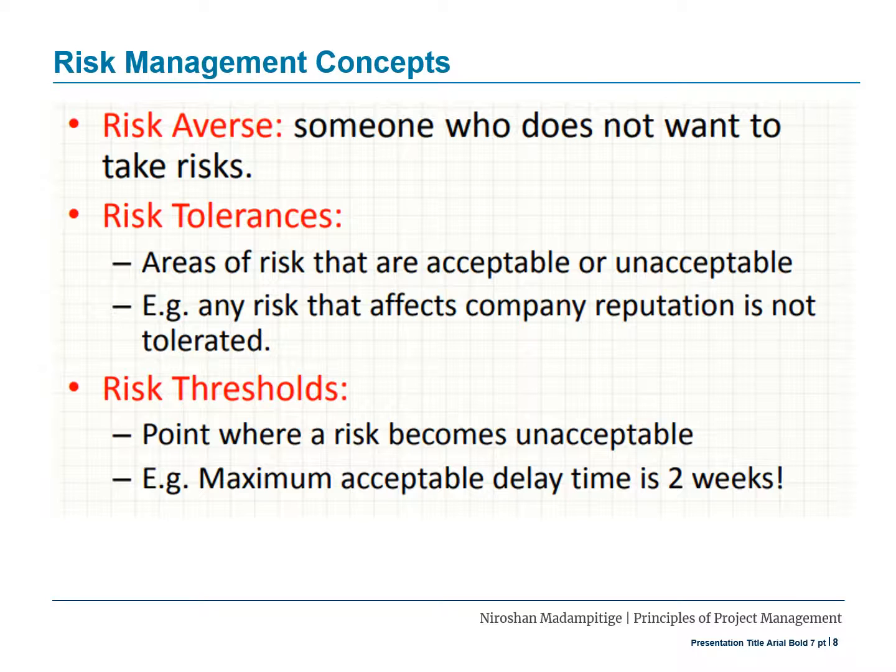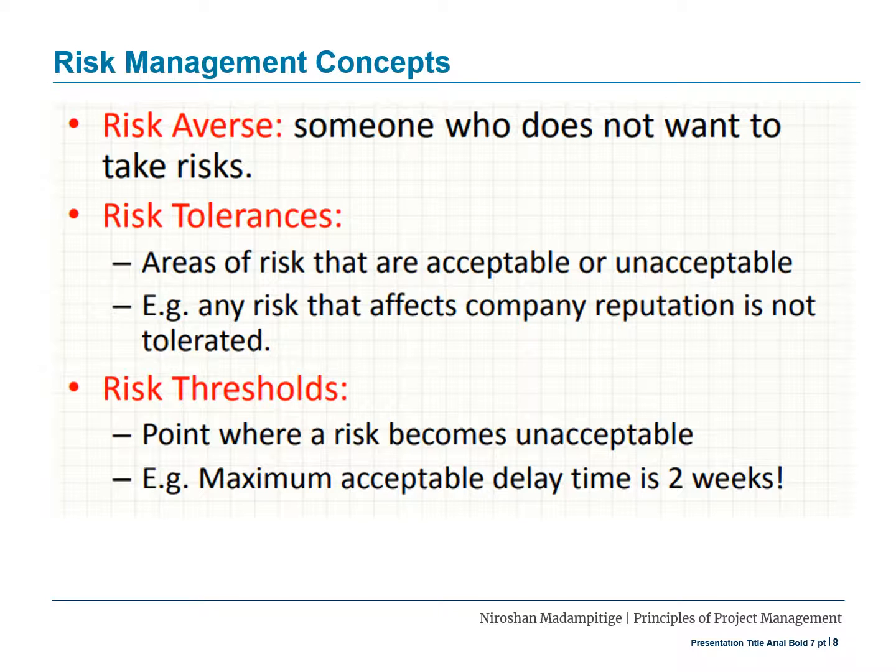Example, any risk that affects company reputation is not tolerated. There can be certain risks that you can tolerate. Those are known as tolerances. The next term that we discuss is risk thresholds. What do you think? What does it mean?